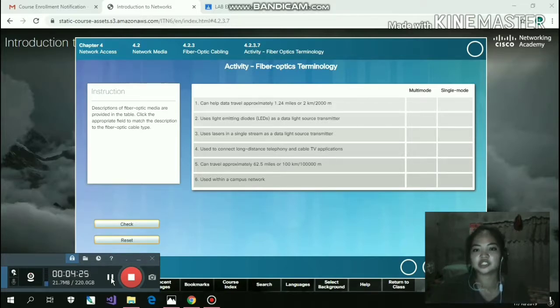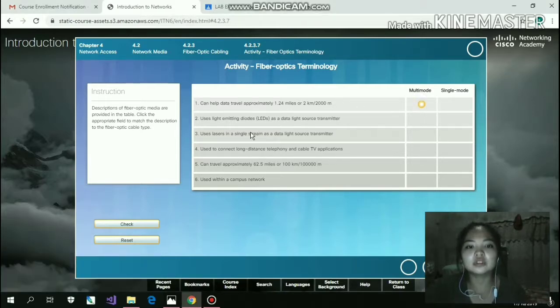So first, the multi-mode and the single mode. From number 1, can help data travel approximately from 1.24 miles or 2 kilometers to 2,000 meters. So for this, I think it is multi-mode.